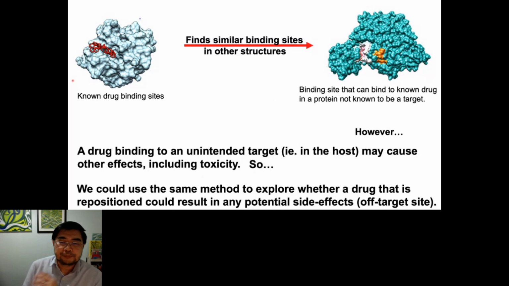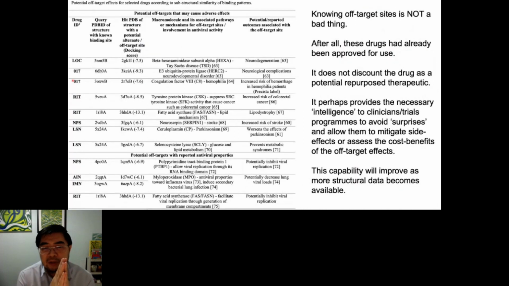So having said that, knowing the off-target sites is not a bad thing. What we're trying to do is make use of this, and go through the available list of side effects that we can find in drug-associated databases, and see whether we can assign the side effect that is observed through clinical trials to something mechanistic.